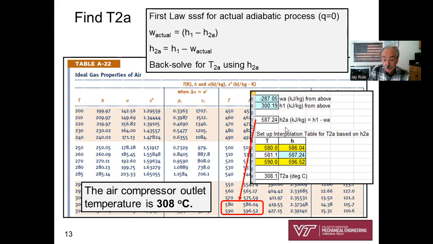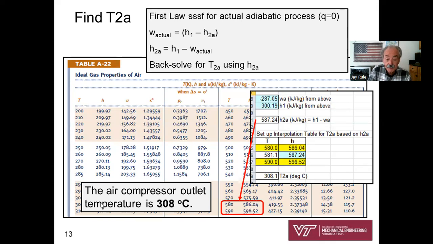So H2A is 587.24. Okay, well, back to table A22, 587.24. It's in between 580 and 590. I'm going to have to interpolate again. And I do the interpolation: 581.1 degrees K, subtract 273.